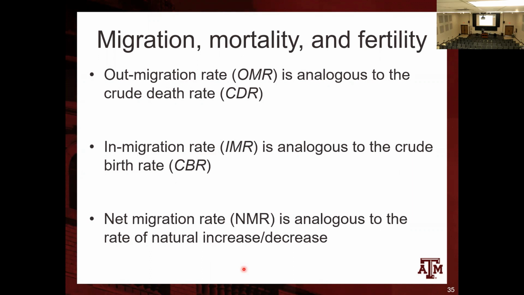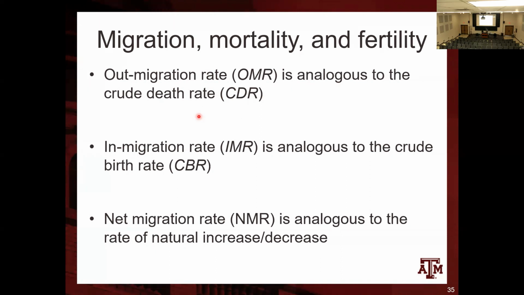So, remembering the first chapter this semester, we talked about how, to project a population to the future, we have to know those that are entering and getting out of that population. People can enter a population through fertility or through in-migration, and they can get out through death or through out-migration. So the out-migration rate explained in the previous slides is analogous to the crude death rate, an overall measure of how many people are getting out of a specific country.